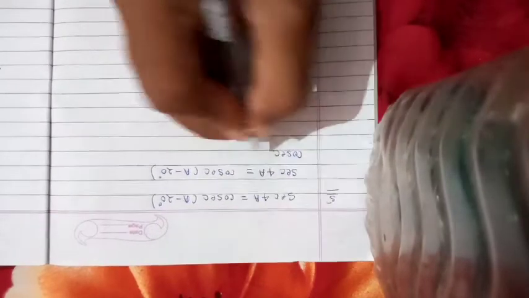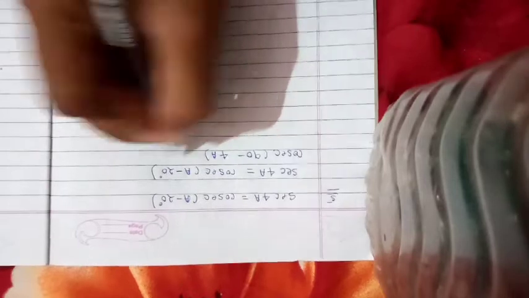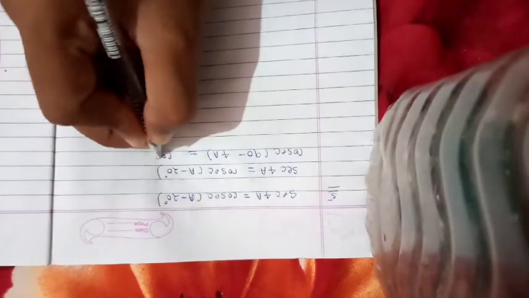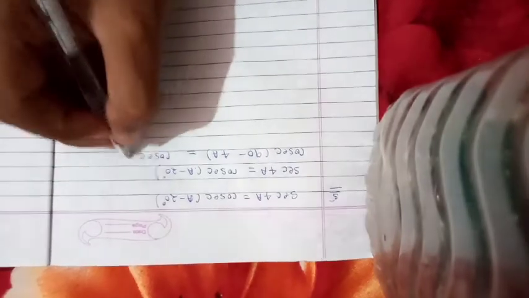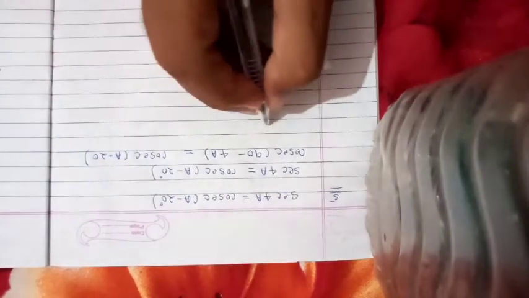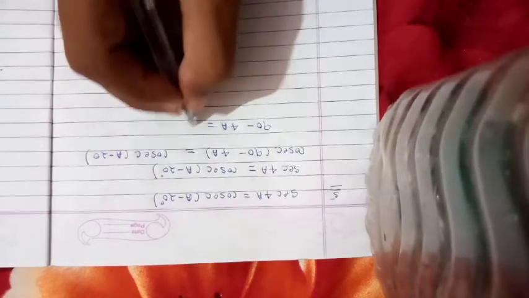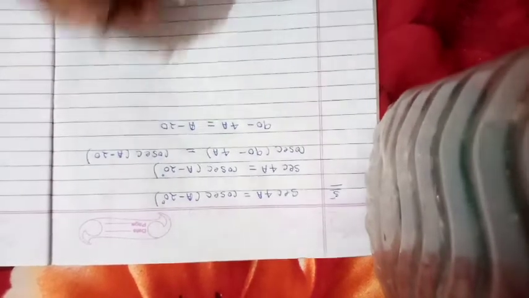So this sec 4a can be written as cosec (90 minus 4a), which is equal to cosec (a minus 20). This cosec and cosec cancel, you will get 90 minus 4a is equal to a minus 20.